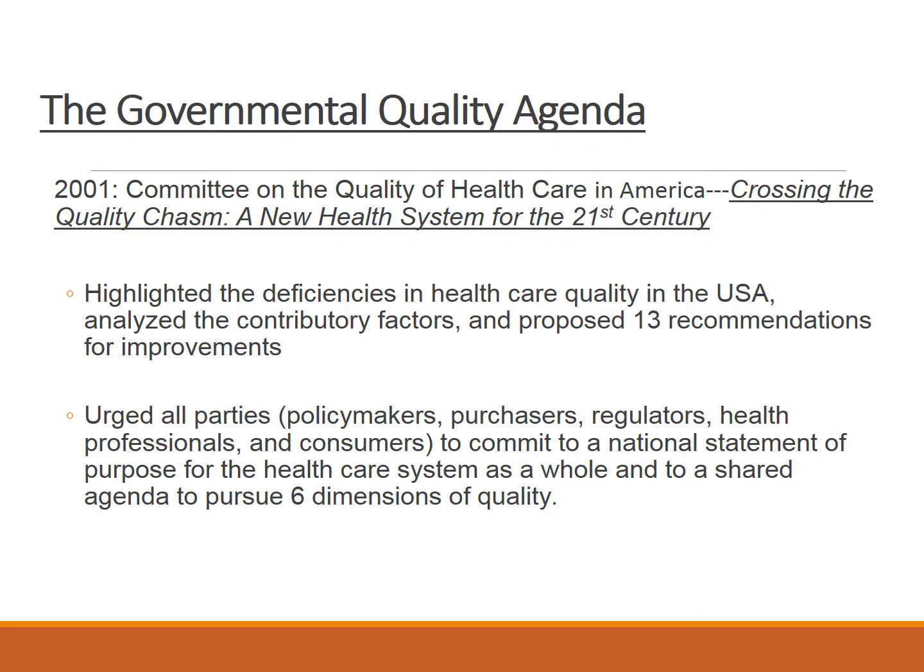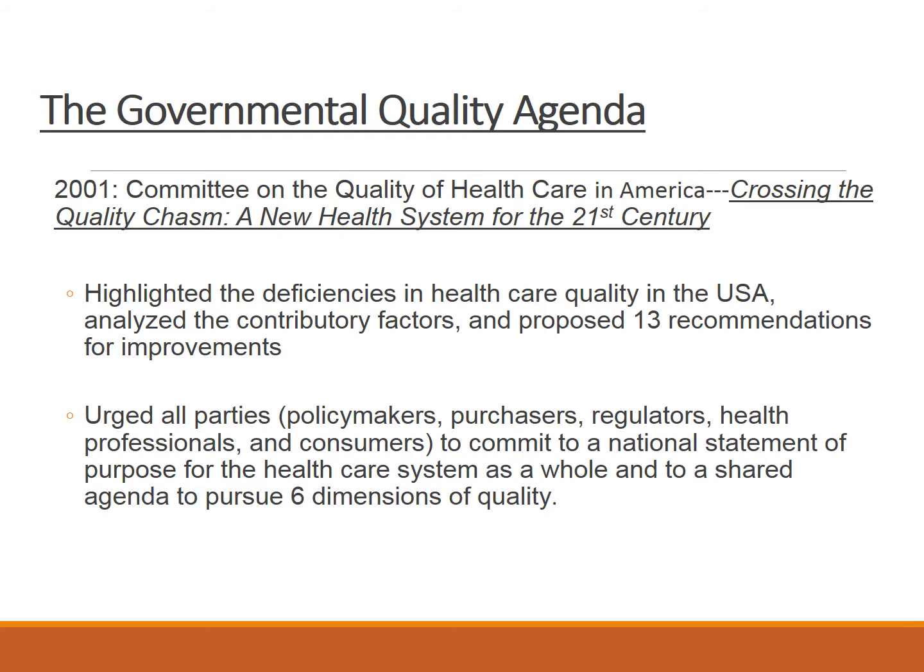So the government has a quality agenda. And back in 2001, there was this fabulous development, and they wrote Crossing the Quality Chasm, a New Health System for the 21st Century. And we spoke a little bit about this, I believe, in the financial modules, and I've got a link to a YouTube later on in the online section that you should become familiar with.